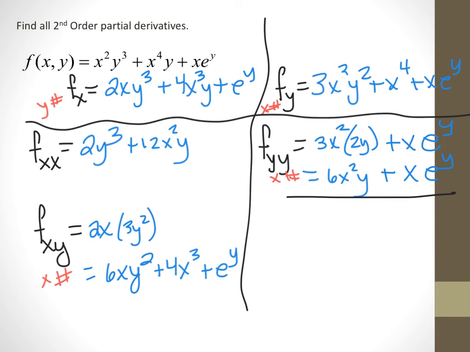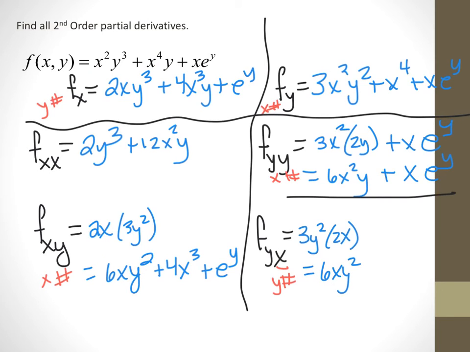Let's go ahead now and find the second order partial derivative with respect to x. When we do it with respect to x, y is going to be a number. And so go up here, y is a number. The 3y squared comes along for the ride. Derivative of x squared is 2x. So that gives us 6xy squared. And then the next piece, with respect to x, the derivative of x to the fourth, so you get plus 4x cubed.